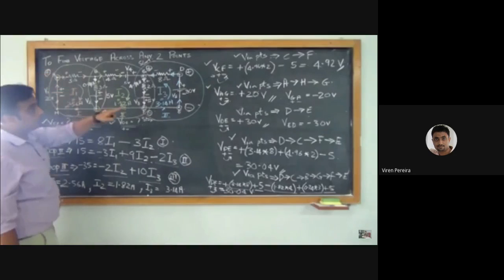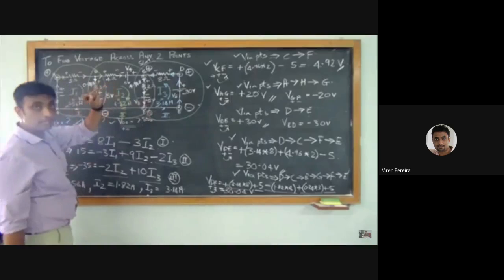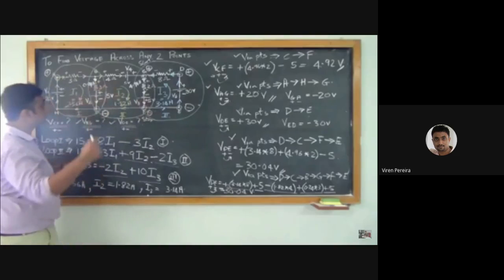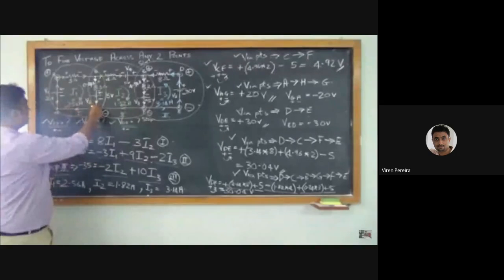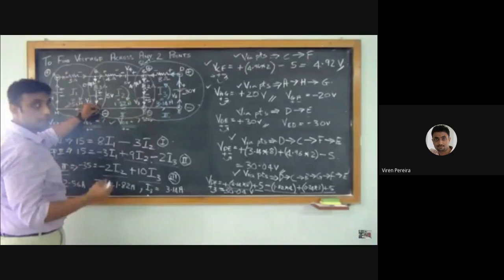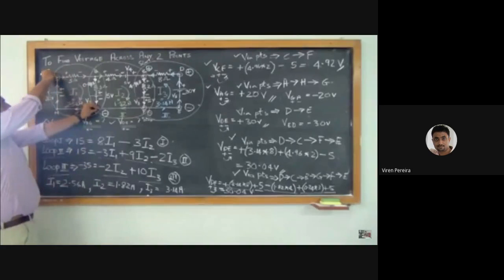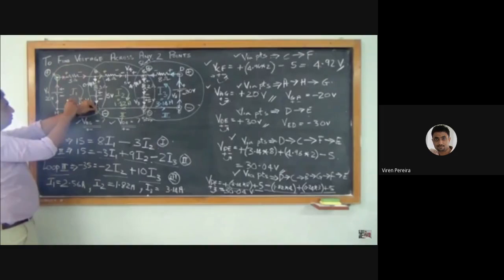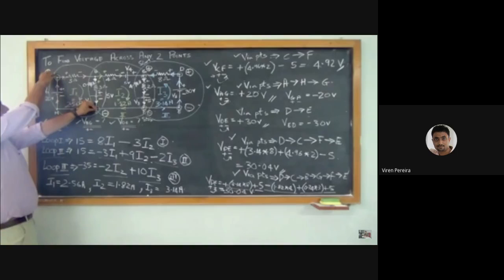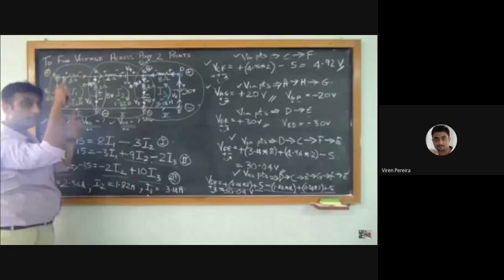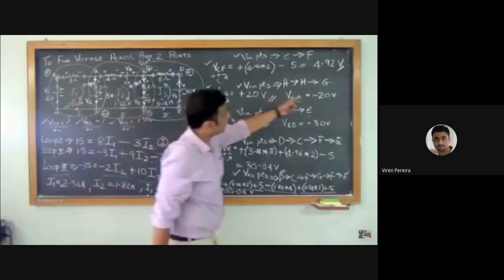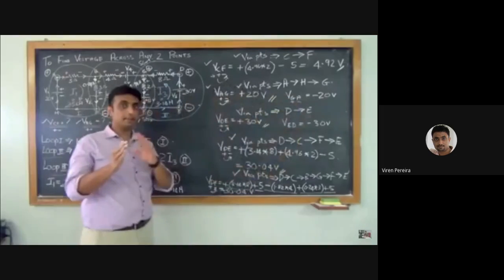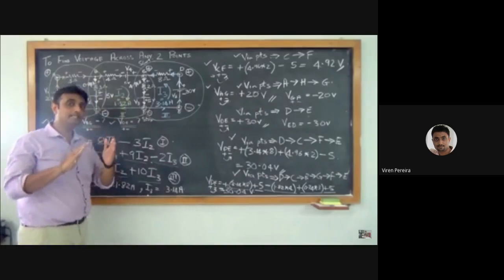If I'm taking the first terminal as G, that means the positive terminal of my multimeter is connected here and the negative terminal is connected here. Moving from G to A, the first terminal is positive, and positive into negative is negative, so I get minus 20 volts displayed on the multimeter. Always remember and keep this in mind.